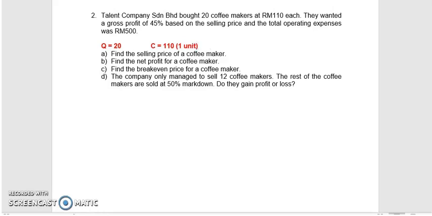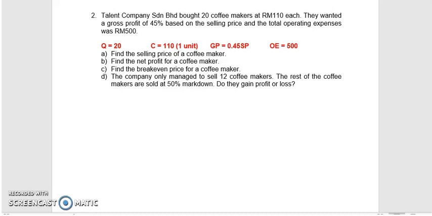They wanted a gross profit of 45% based on selling price. Gross profit GP equal to 0.45 SP. And total operating expenses was 500 ringgit. Okay, total OE is 500 ringgit.